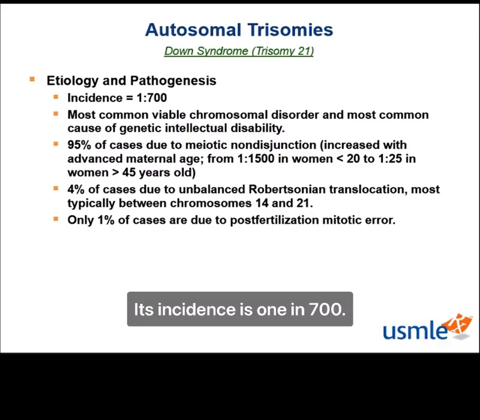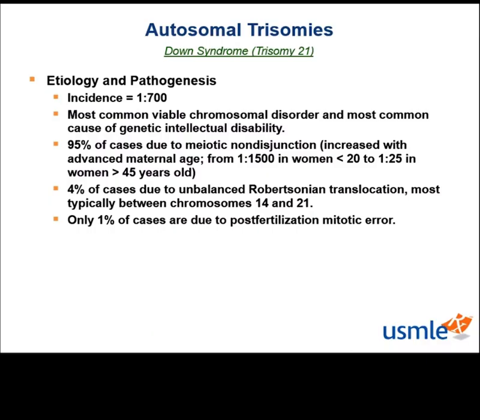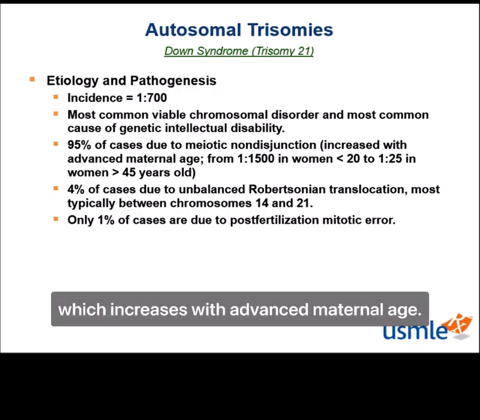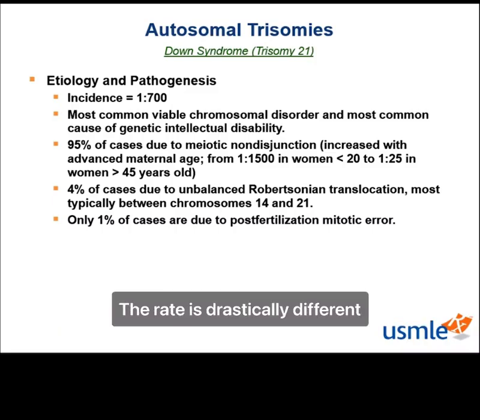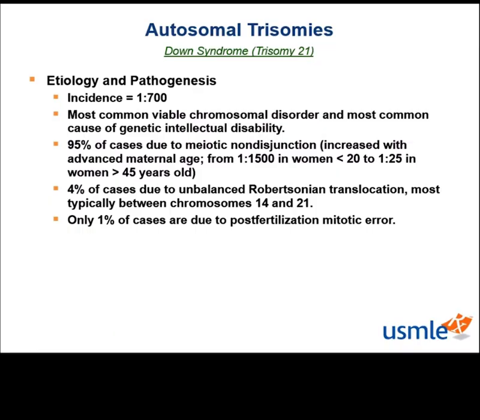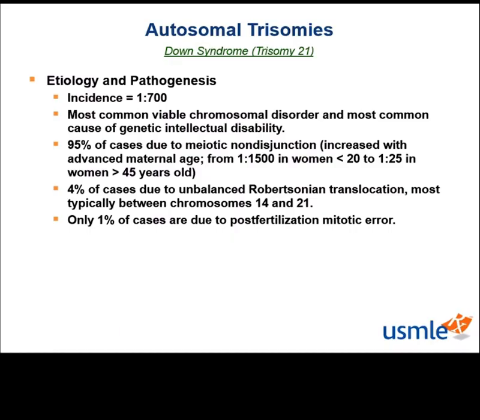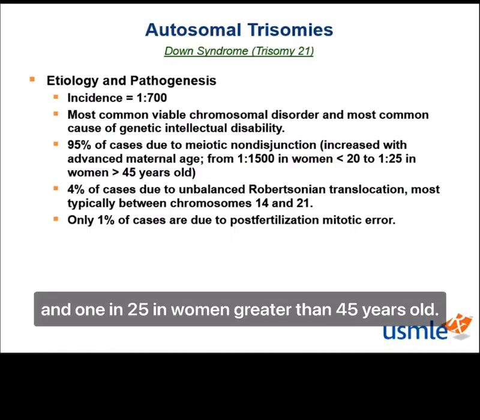Its incidence is 1 in 700. 95% of cases are due to meiotic non-disjunction, which increases with advanced maternal age. The rate is drastically different for younger women or older women. It's approximately 1 in 1,500 in women less than 20 years old, and 1 in 25 in women greater than 45 years old.